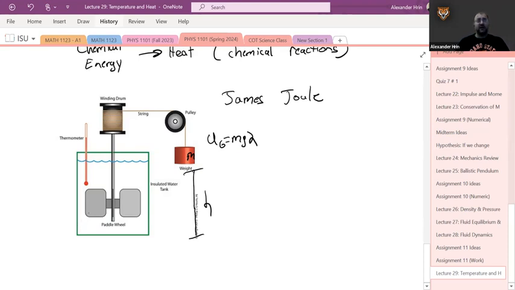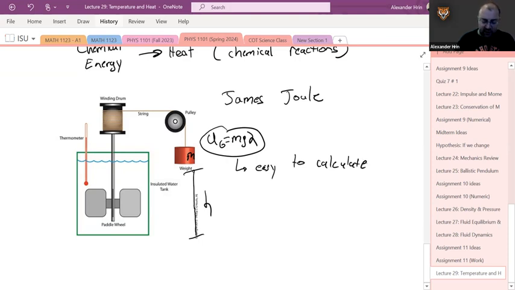And what that means is we should be able to observe a change in the temperature from adding this mechanical energy. And sure enough, he was right. And the thing is, this is easy to calculate. You can very easily calculate the potential energy. His idea was that this U sub G is converted to heat and it goes into the water.